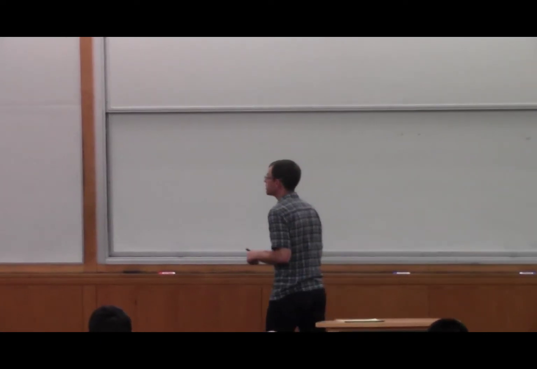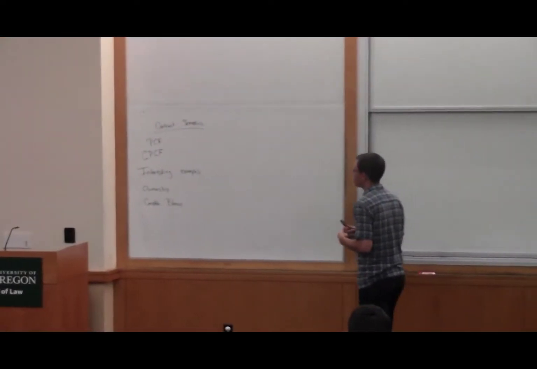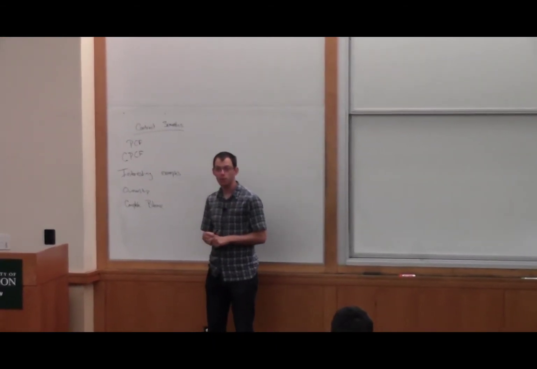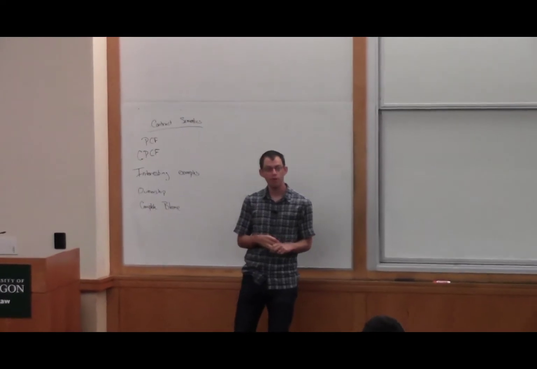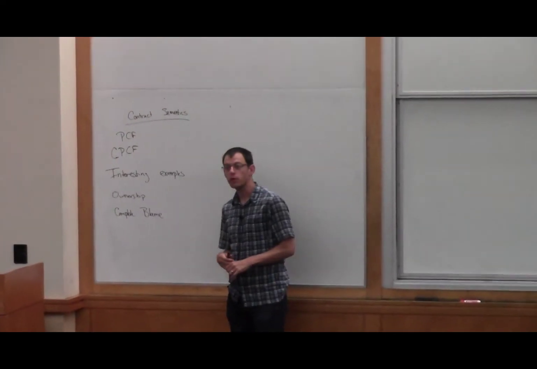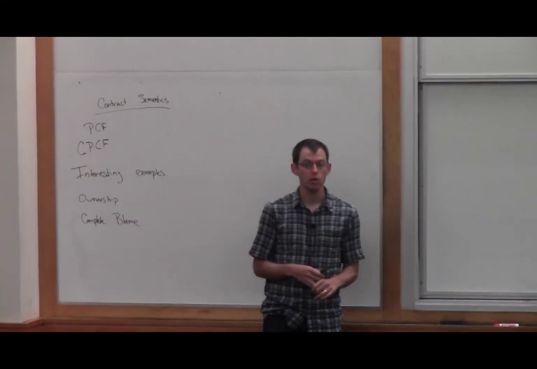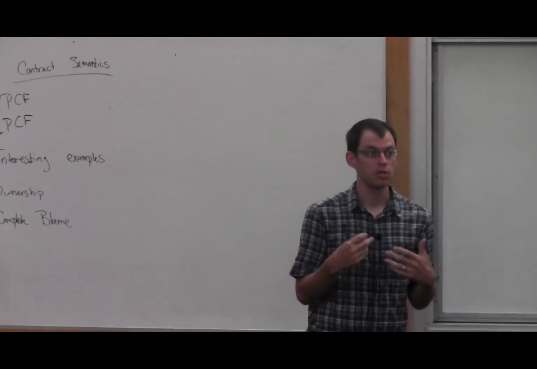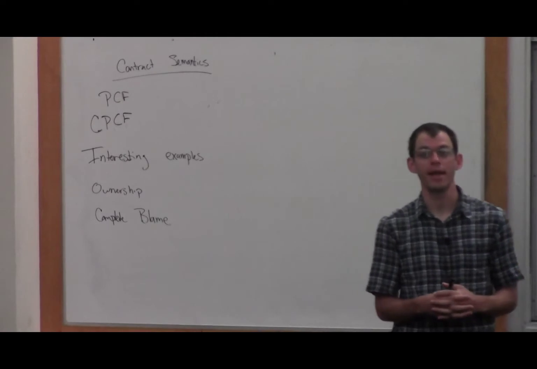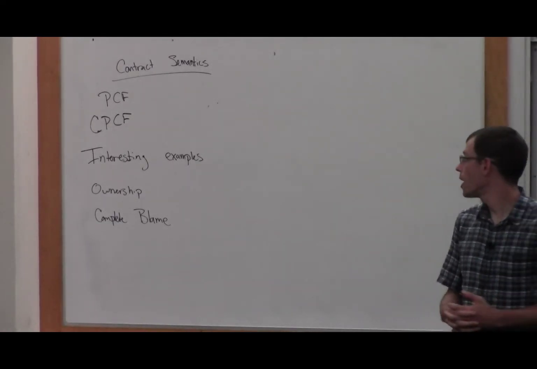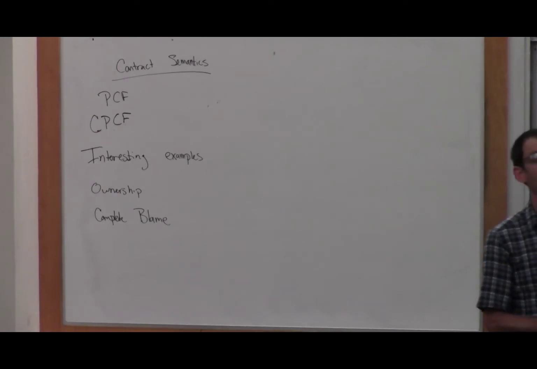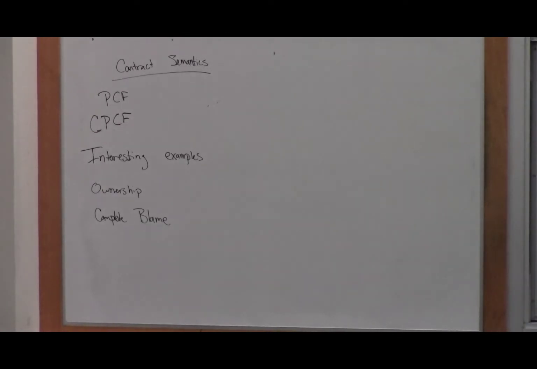So this is the outline for what we're going to talk about today. We're going to start with classic programming language, PCF. And then we're going to extend that language with contracts and see what the semantics of contracts are. Then we're going to look at some interesting examples and how the semantics sheds light on those examples.